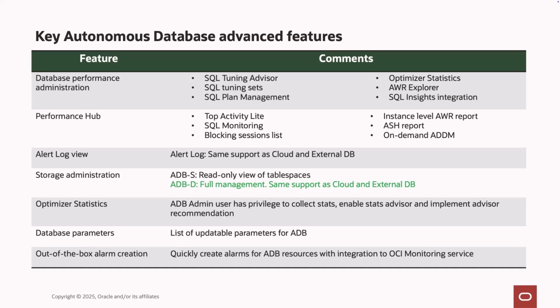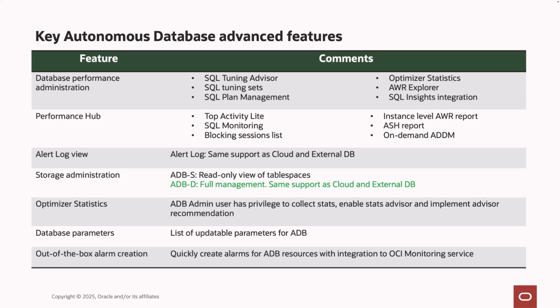We have a view of the alert logs, so it's going to be the same capabilities that we have for cloud and external DBs. If you haven't seen that, it's just an in-console view of the alert logs with some visualizations around Oracle errors that have occurred, and then not for autonomous, but we do have attention log details for other databases. Storage administration capability. So we do see a little bit of a split between the autonomous serverless and the autonomous dedicated.